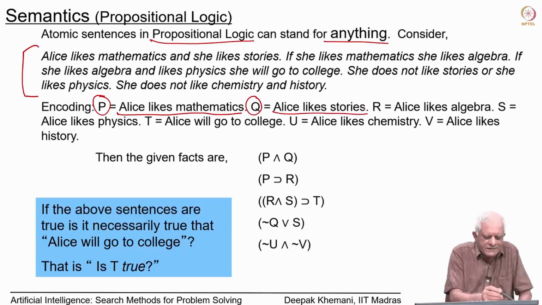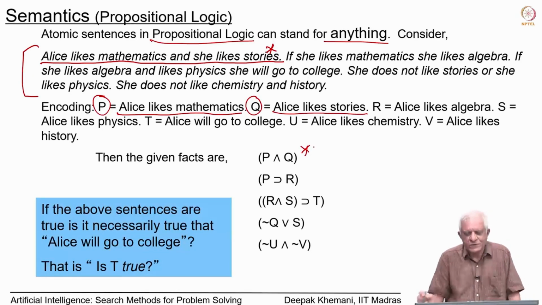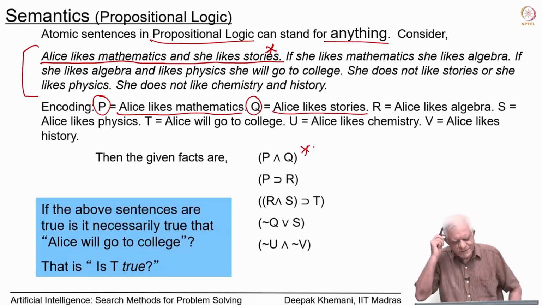So, if you have a sentence in our story which says that Alice likes mathematics and Alice likes stories, we can represent this sentence by this formula here, which is P and Q. Why? Because P says Alice likes mathematics and Q says that Alice likes stories.